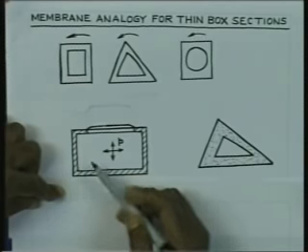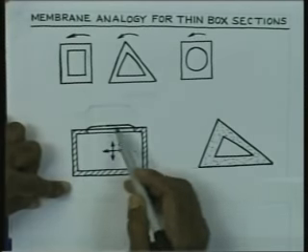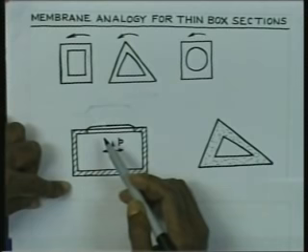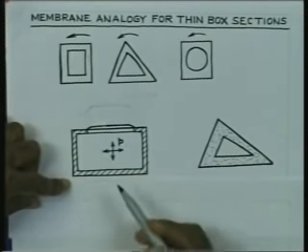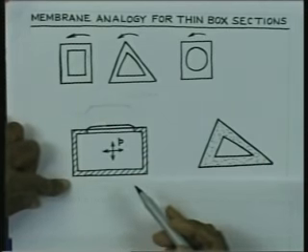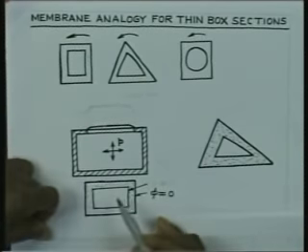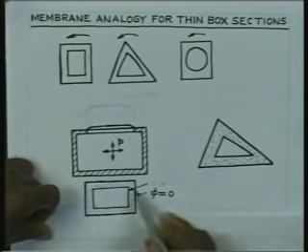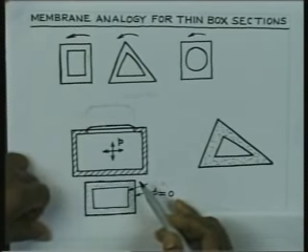sealed box was like this, and we had a opening here. That opening should correspond to the outer boundary of the section. So, in this case our outer boundary is like this. So, we have the outer boundary.